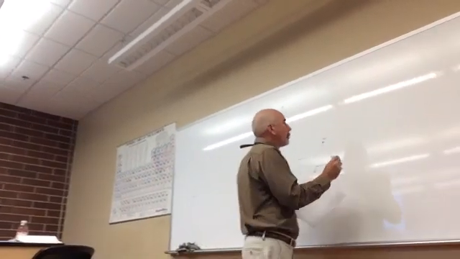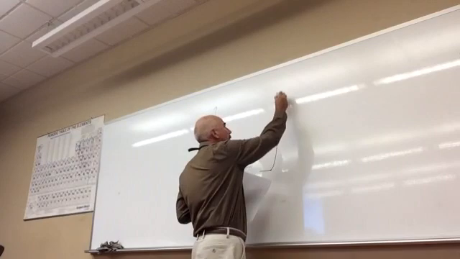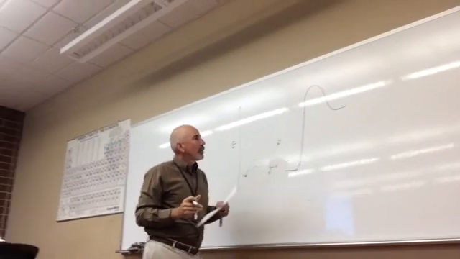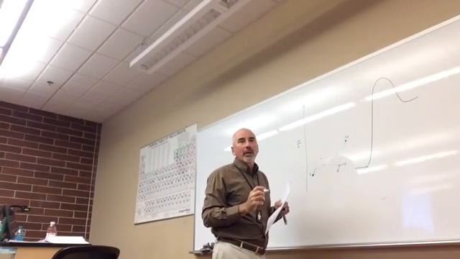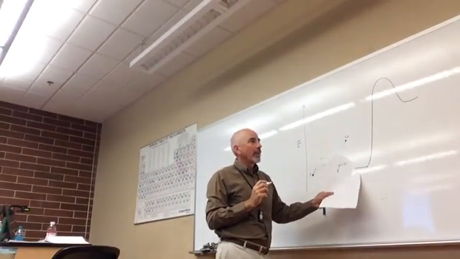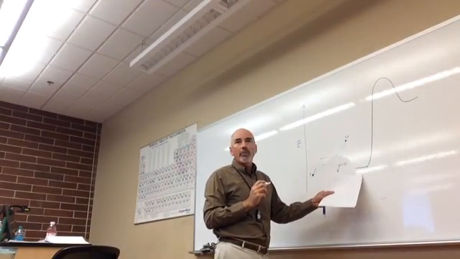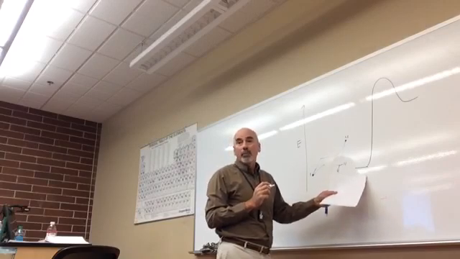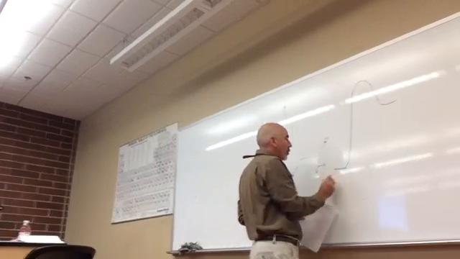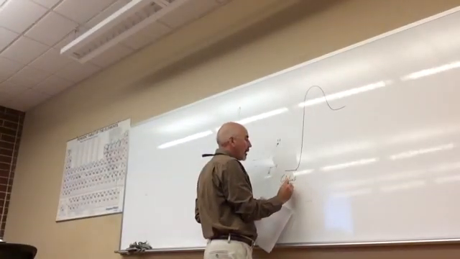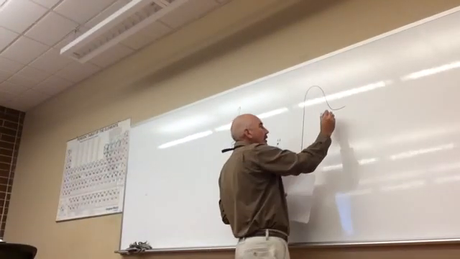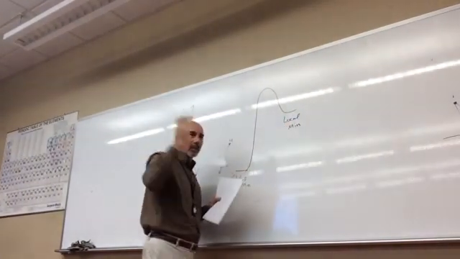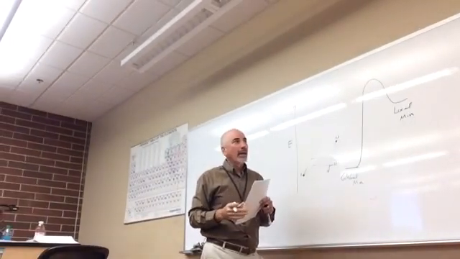But this goes up through an energy barrier, okay, and then comes down to another energy minimum. So if this is the lowest energy, what are we going to call it? Global minimum, right? So this is the global minimum, and this would be a local minimum because it's still in an energy well, okay?